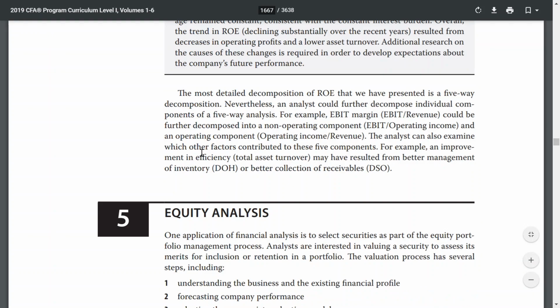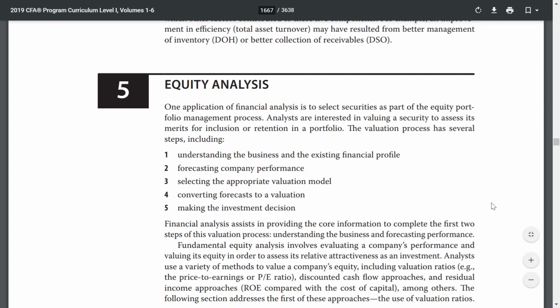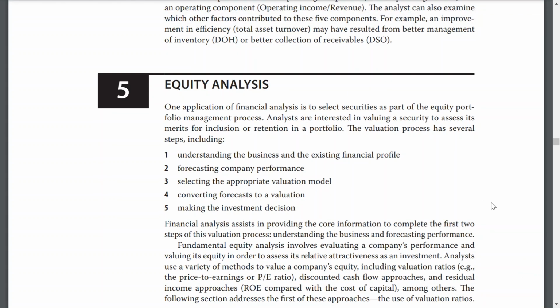To 1680. Equity analysis, one application of financial analysis, is to select securities as part of the equity portfolio management process. The analysts are interested in valuing a security to assess its merits for inclusion or retention in the portfolio.